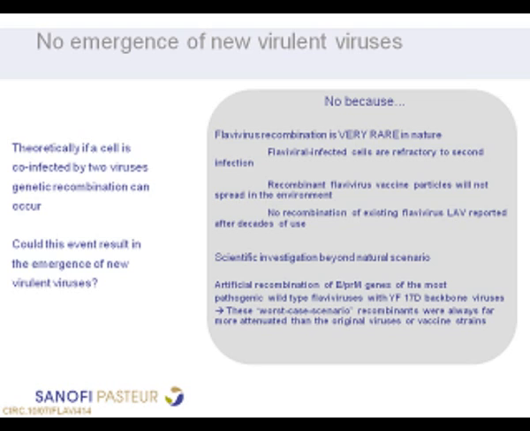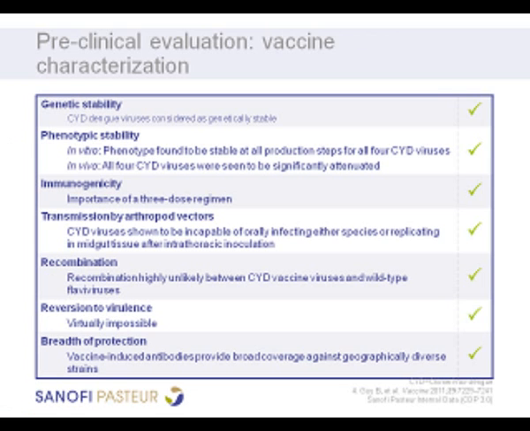And that in the worst case scenario, artificially constructed recombinant wild-type yellow fever and dengue virus chimeras are substantially attenuated relative to vaccine or wild-type strains. And so we've been able to conclude negligible environmental impact from this chimeric vaccine.